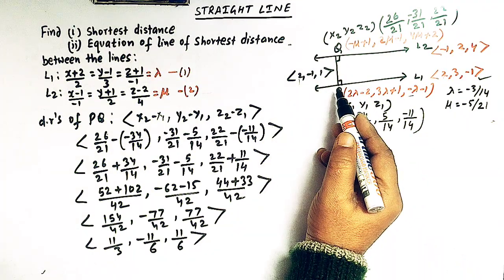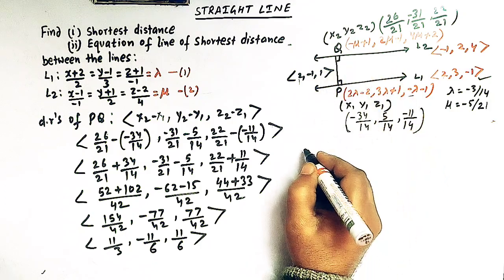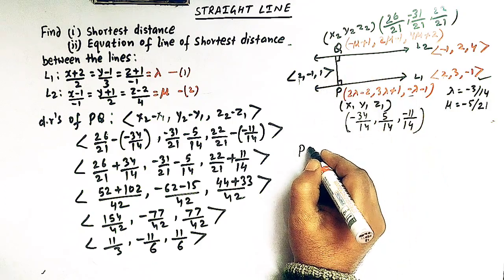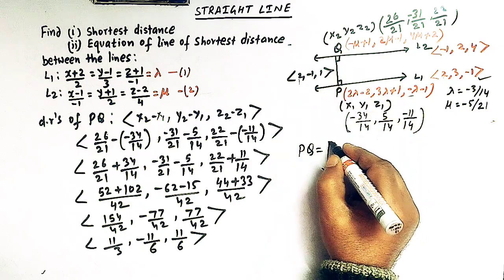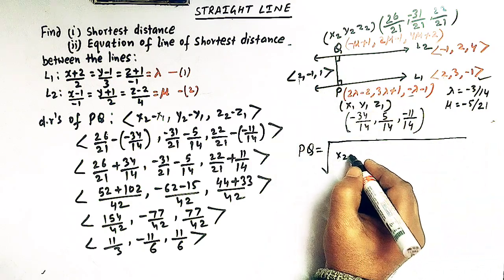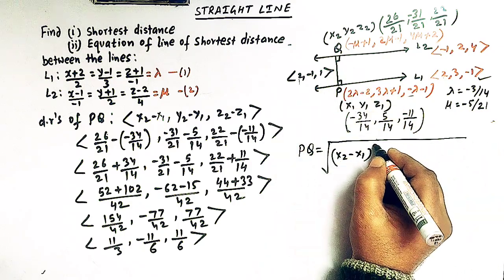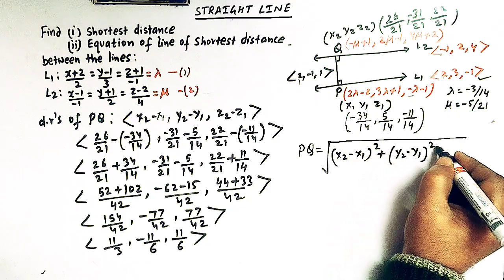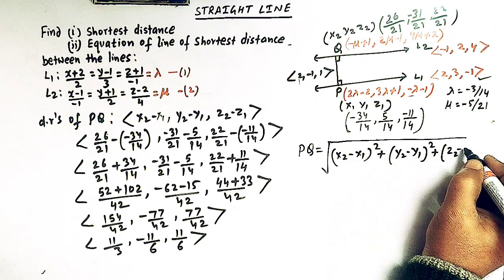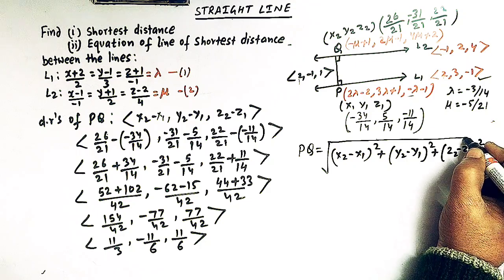So now to find out the shortest distance, let us apply the distance formula, that is PQ is given by square root of x2 minus x1 square, then y2 minus y1 square, and z2 minus z1 square.